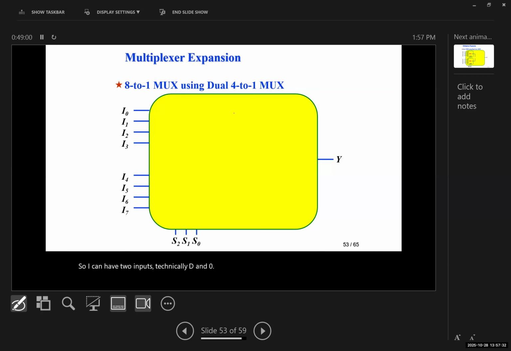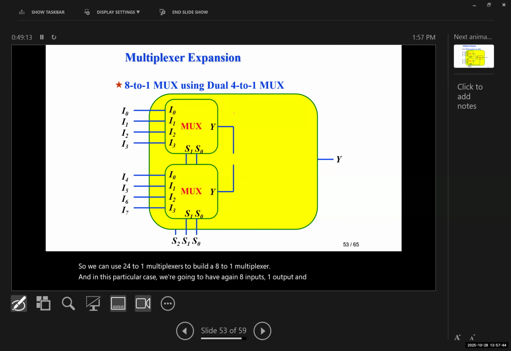So we can use 2 4-to-1 multiplexers to build an 8-to-1 multiplexer. And in this particular case, we're going to have, again, 8 inputs, 1 output, and 3 select points. And the way that we connect them, we connect S0, S1 of the first one to the second one.